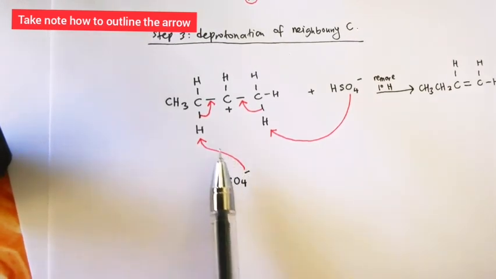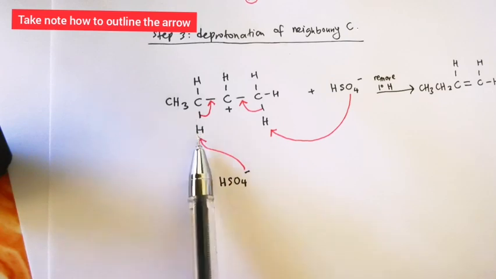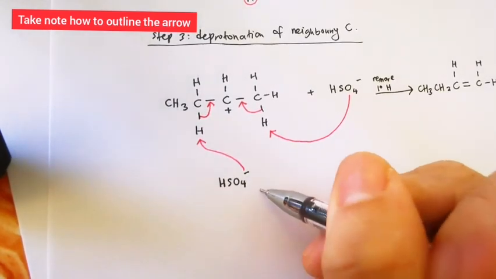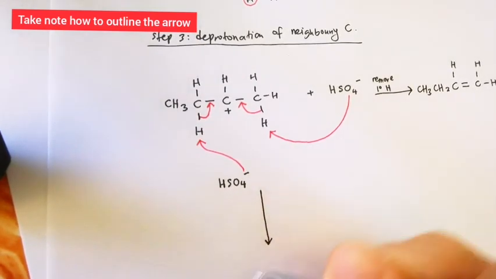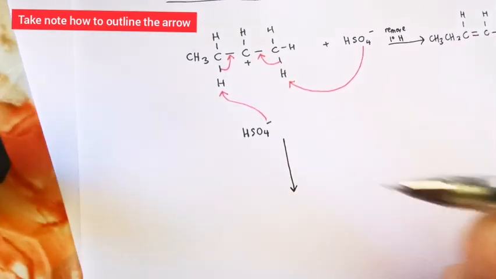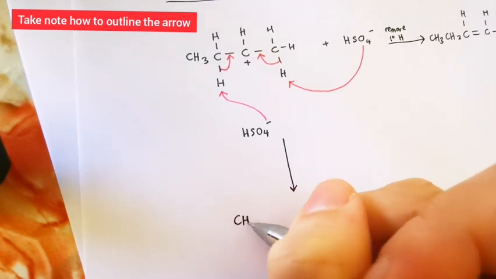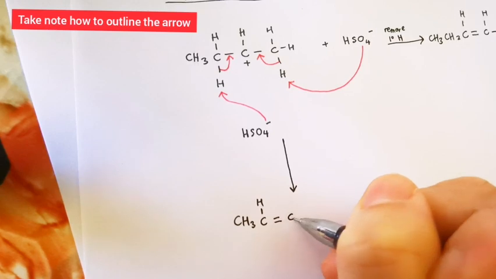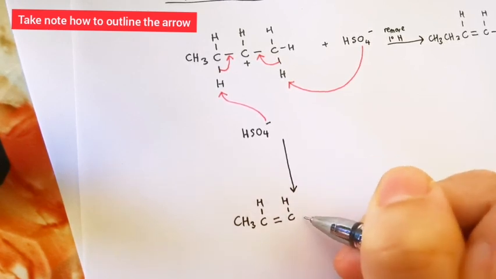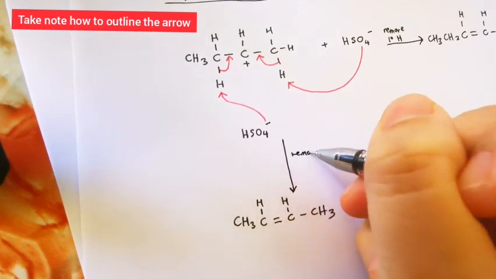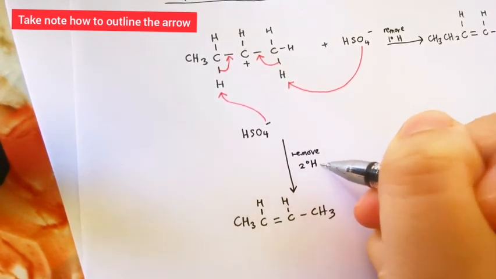HSO4 minus will attack this hydrogen, this is secondary hydrogen, and the CH bond breaks, two electrons will go to this side, and we will have our second product, which is CH3, CH double bond, CH, CH3. In this one we remove secondary hydrogen.